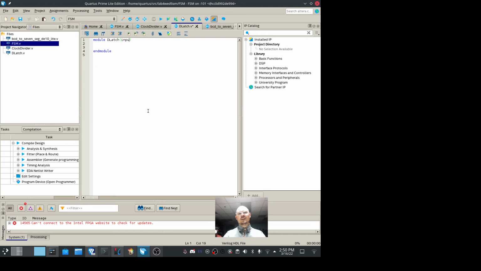So, input. Now, here's a tricky thing. How big is the input that we're going to pass into our latch? How big is that data? What size is it? Could be 32 bits, not necessarily. Could be 1 bit, right? Depends on what we're trying to latch onto.